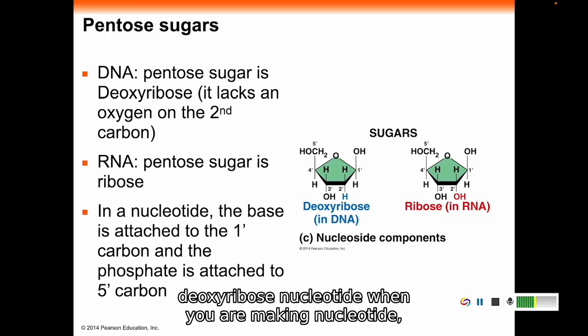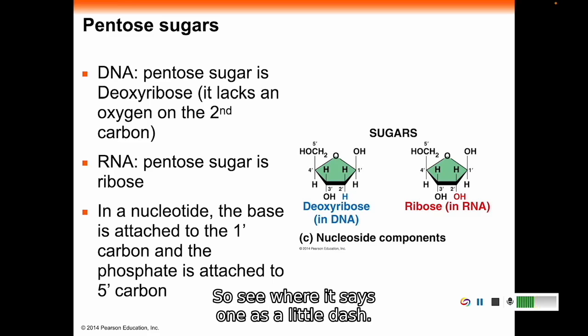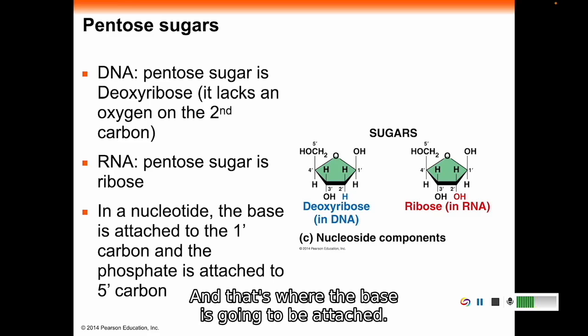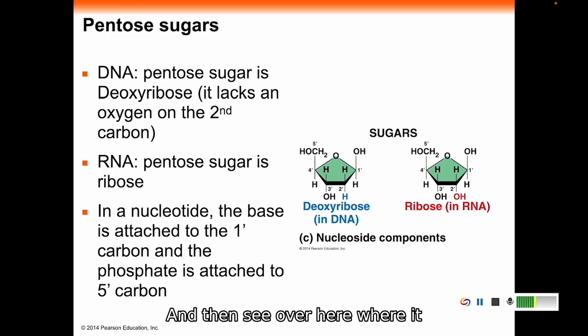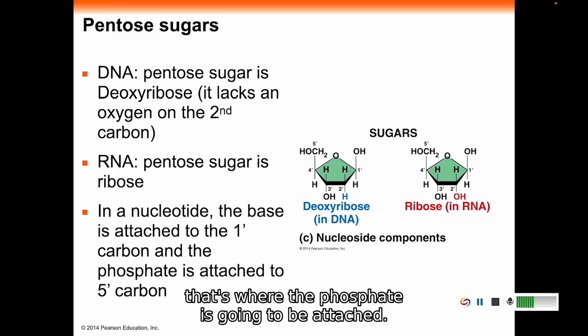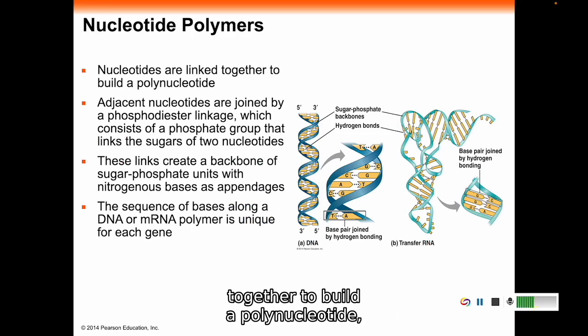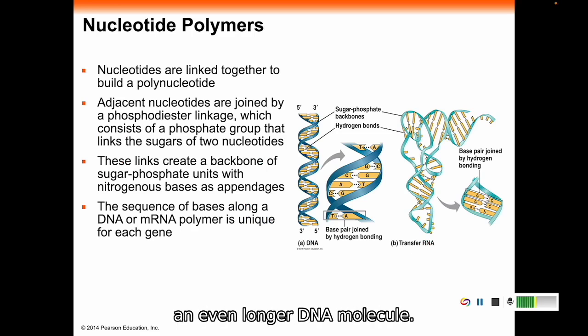And in a nucleotide, when you are making a nucleotide, that number 1 carbon, so see where it says 1 and has a little dash, that's the 1' carbon, and that's where the base is going to be attached. And then see over here where it has a 5 and a little dash, that's the 5' carbon. That's where the phosphate is going to be attached. Nucleotides will be joined together to build a polynucleotide, to build either a long RNA or an even longer DNA molecule.